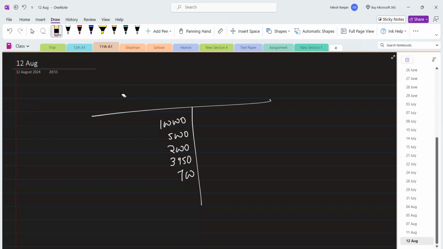Tell me again. 1 lakh on the debit side. Tell me all the amounts of the debit side first. You have not written all the amounts. No, I'm looking from the journal entry.